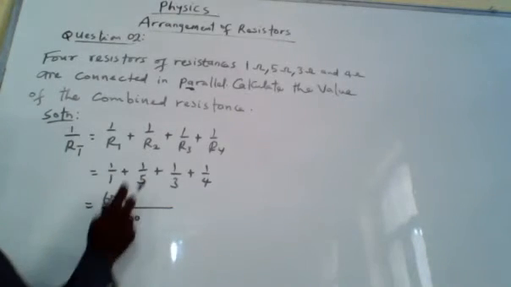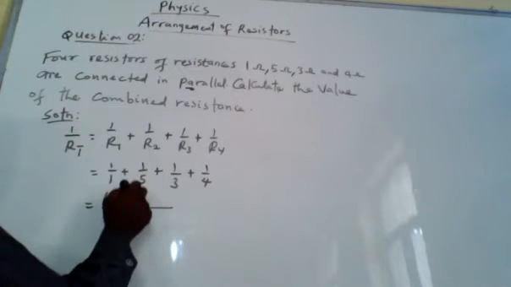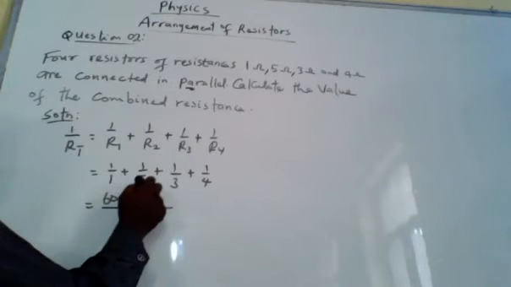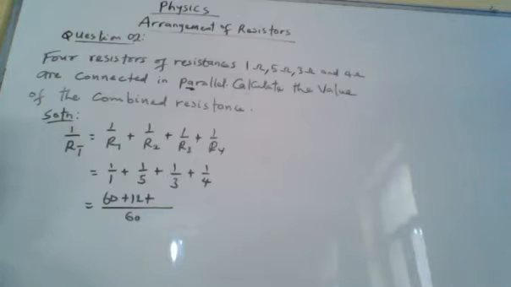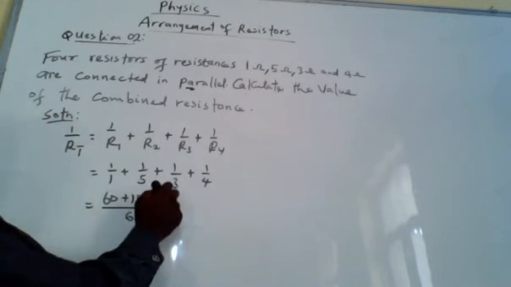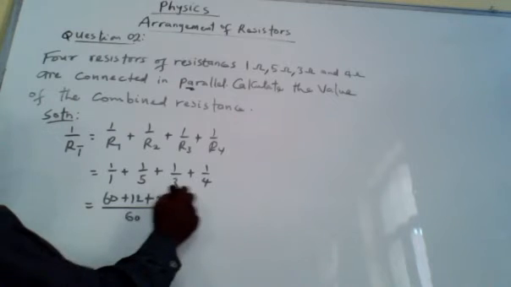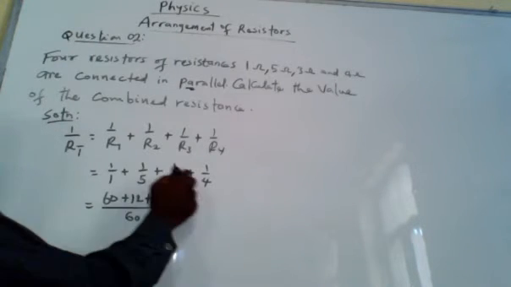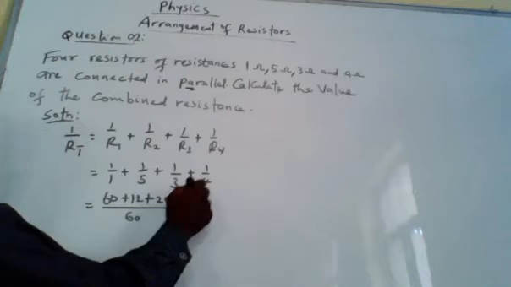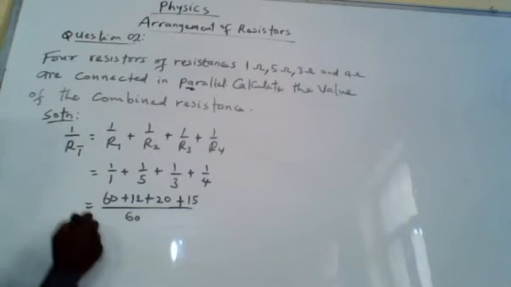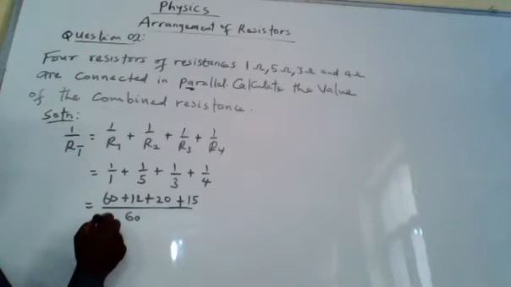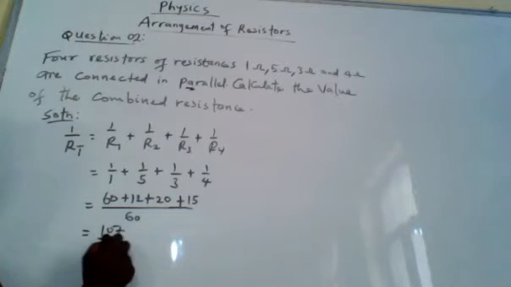Plus 5 in 60 is 12, 12 times 1, 12. 3 in 60 will give me 20, 20 times 1, 20. Plus 4 in 60, and that will be 15, 15 times 1, 15. And then if I put all of this together, I should have 107 over 60.